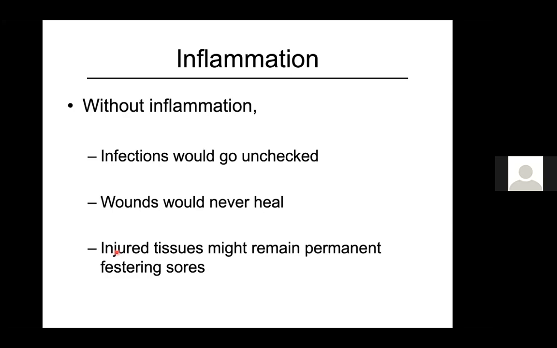Even if the cut is not contaminated, you still get the inflammatory response because there's damage, okay? And that is important too, to cause healing. So without inflammation, there would never be healing, and you'll go through healing and repair in third year. And the other thing is that injured tissues might remain permanent festering sores because, of course, there's no healing, okay?